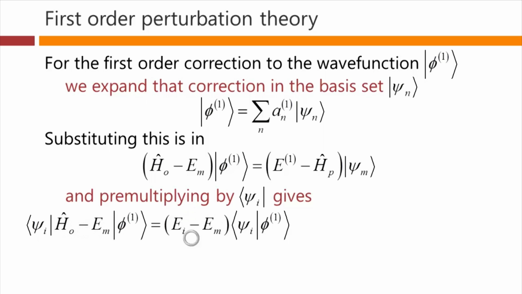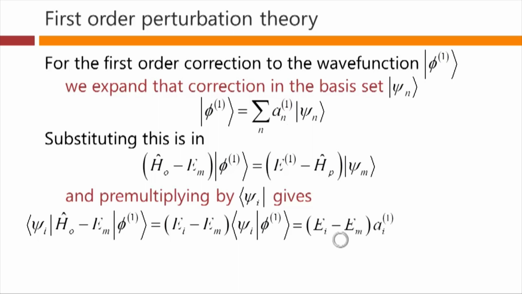We can take that out as a number, and we're left with psi i phi 1 with this number out in front. But of course, this is just ai1. So we're left with this result here. So that's what happened multiplying with psi i on the left-hand side of this part of the equation.